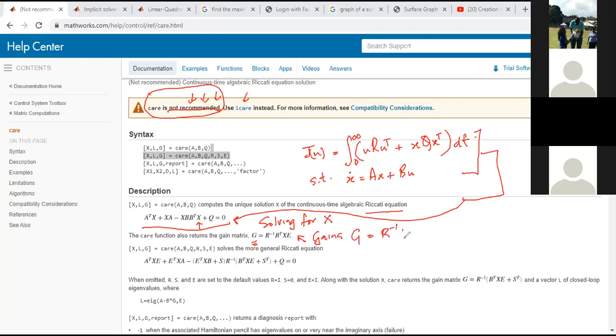Now R inverse, B transpose, we know B, and we solve for X. So we need to just talk about these two, the R inverse and the E.